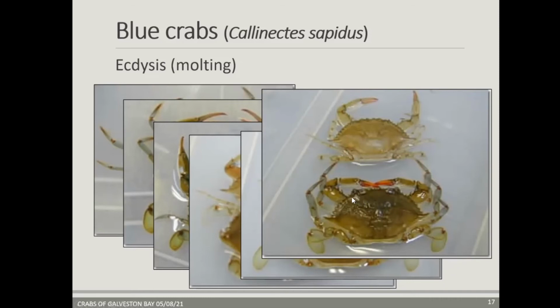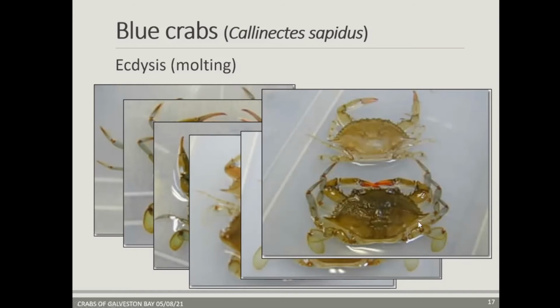Now, in mating purposes, males will search out a molting female, and they may be able to sense that she's in pre-molt, and a male will guard a female while she's going through pre-molt and ecdysis. Ecdysis actually occurs pretty quickly. And then he'll mate with her while she's in the soft shell stage.